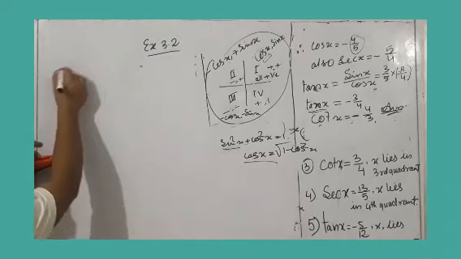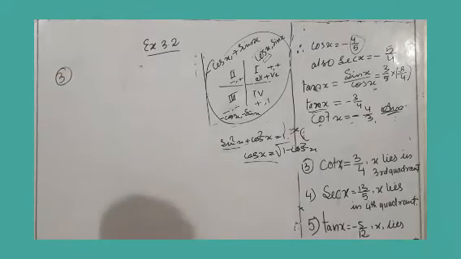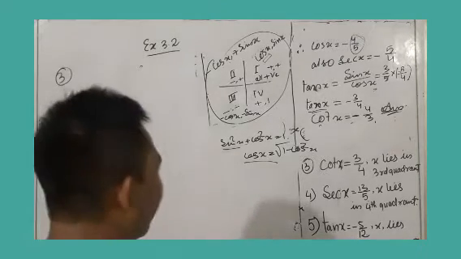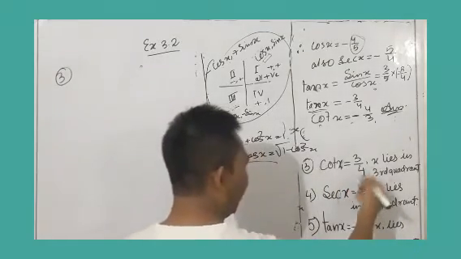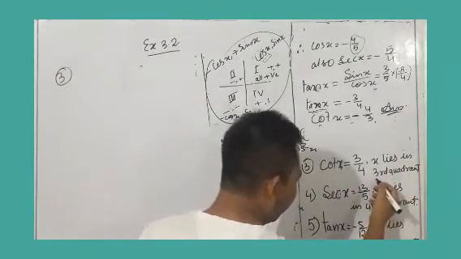Question number 3. What is there in question number 3? Cos x equal to 3 by 4, where x lies?